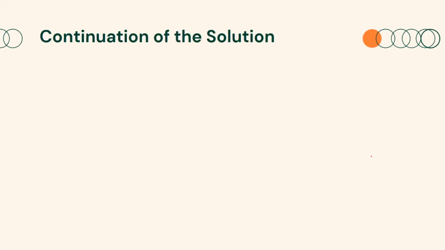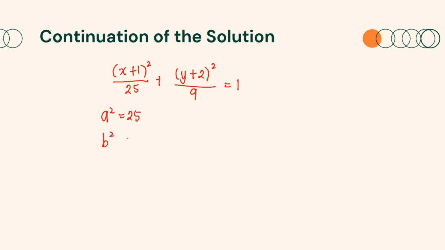From the standard form of the equation that we have solved earlier, which is (x + 1)² over 25 plus (y + 2)² over 9 equals 1, the higher denominator will be a² and the lower one will be b². Hence, we will have a² equals 25 and b² equals 9.